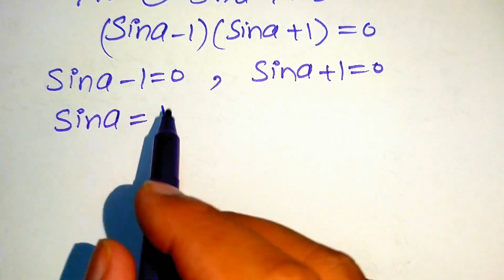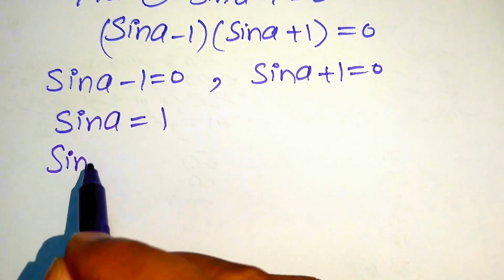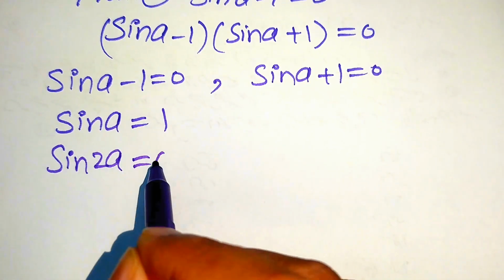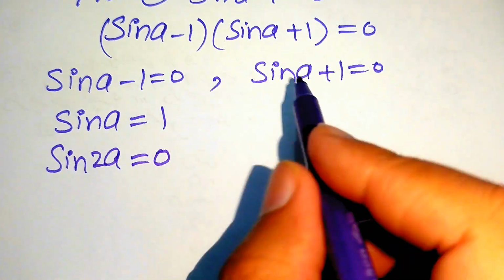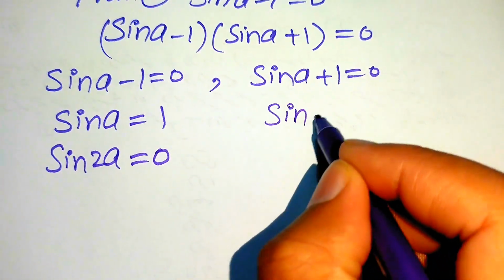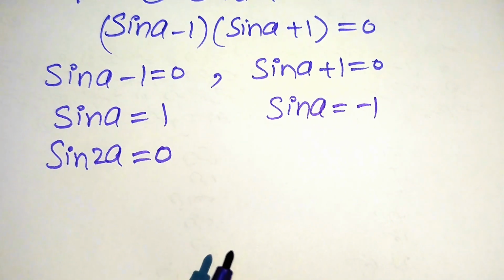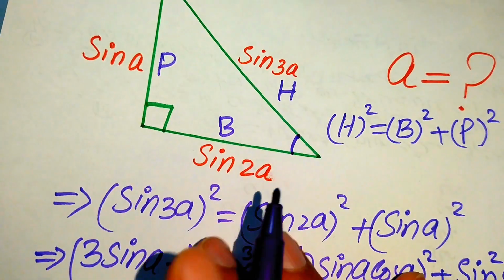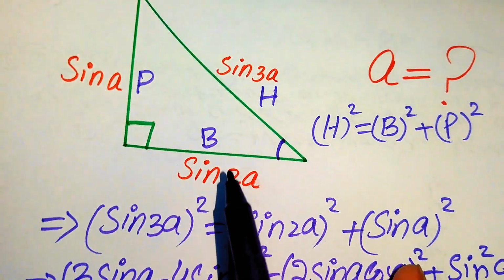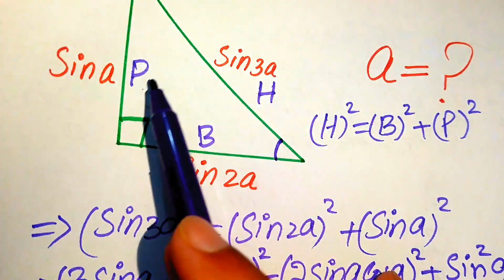So in the first case we easily get the value of sin a equals 1. And you know that if sin a equals 1, this implies that sin 2a equals 0. In the second case, we get the value of sin a equals minus 1. In both of these cases, if you focus on the given question statement, we have sin 2a as the base of the right triangle and sin a as the perpendicular side of the right triangle.